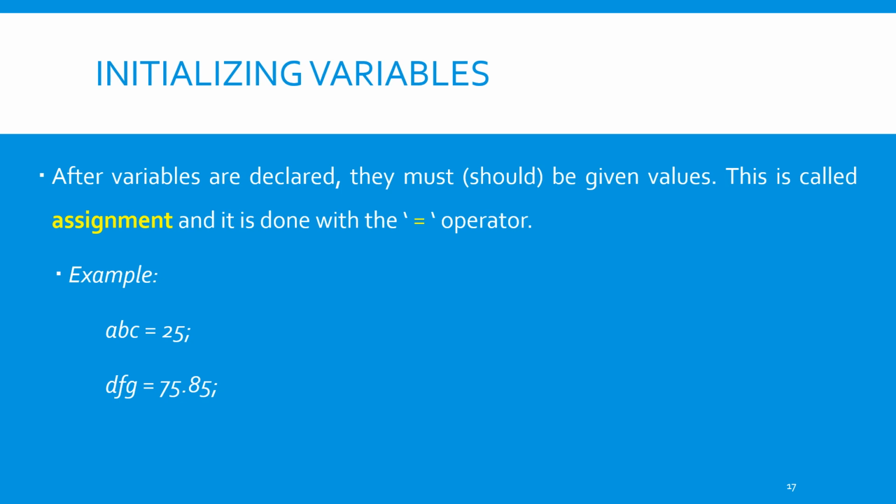Now that equal to is here known as assignment operator in C programming language. Now example number 2, want to assign 75.85 into the float variable DFG. There comes the statement DFG equal to 75.85. The semicolon is so written because in C programming language, every statement should be terminated with a semicolon. Please note.